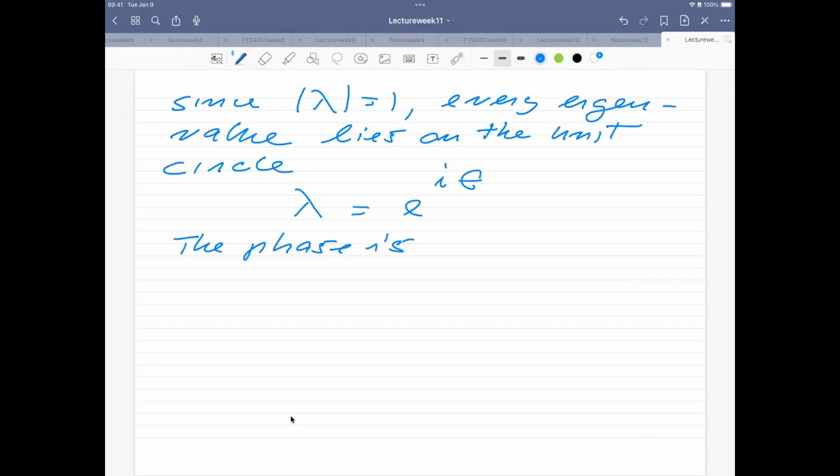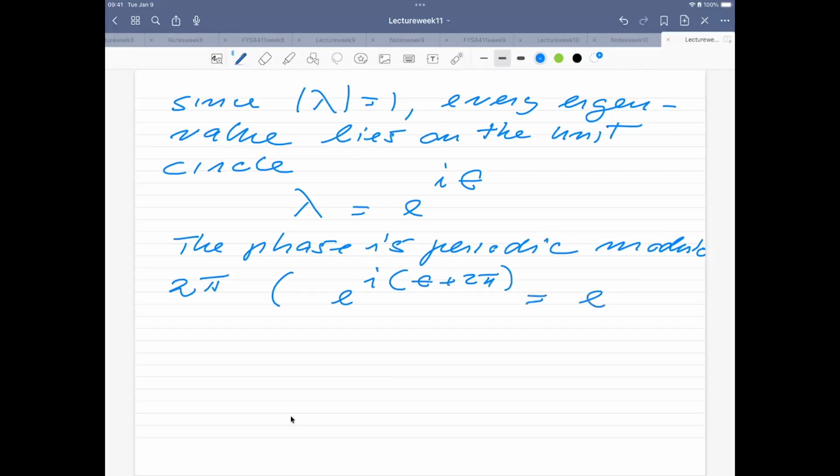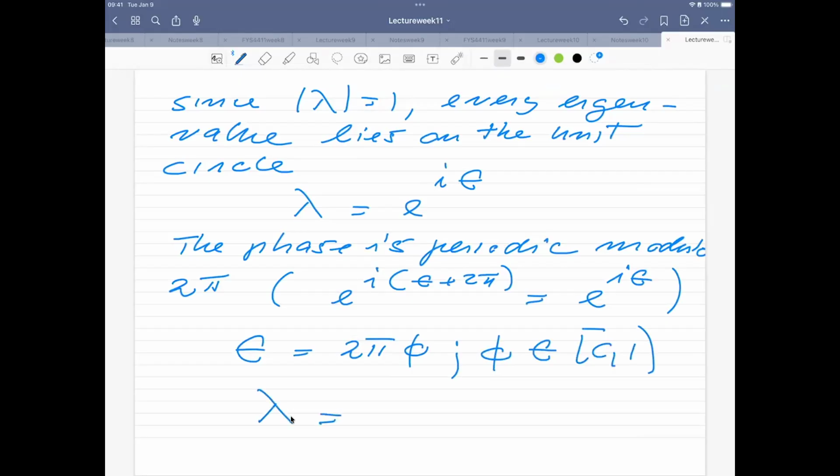So theta is the phase, and it is periodic modulo 2 pi. So we know that e to the i theta plus 2 pi is equal to e to the i theta. And then you may write that theta is 2 times pi times phi. And this phi takes values between 0 and 1. And that's why we write lambda is equal to e to the 2 pi i times phi. Okay?